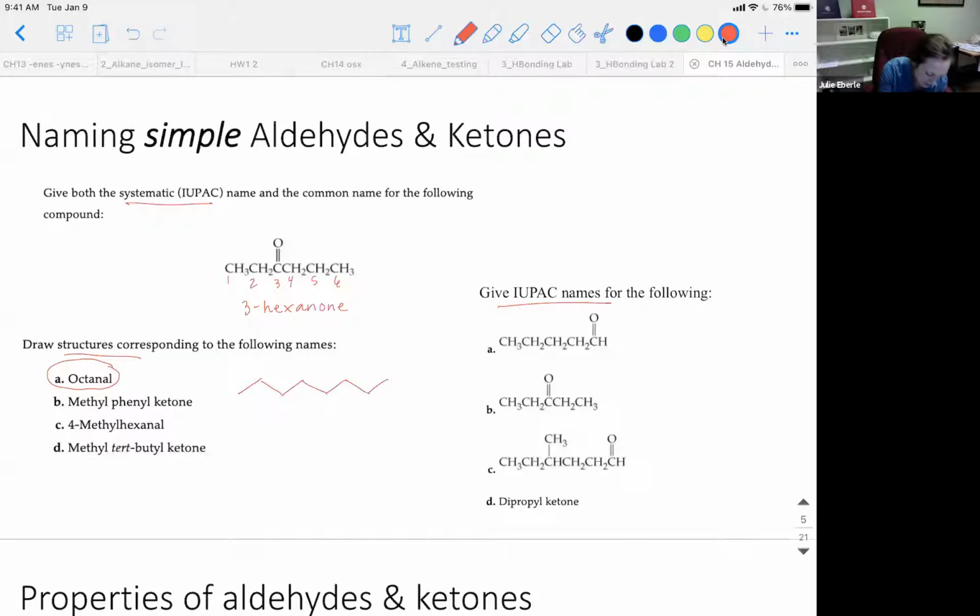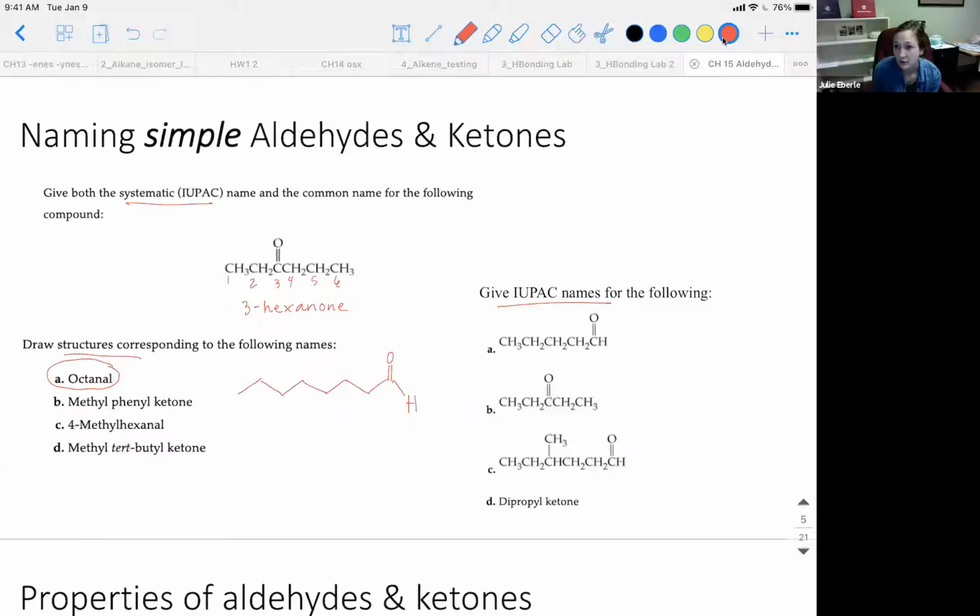So what I'm saying is you can branch it off of this and call this carbon 1, and then remember you always have to show the H. Or you could branch it off of this one and show the H and say, okay, that's carbon 1. Either way is acceptable.